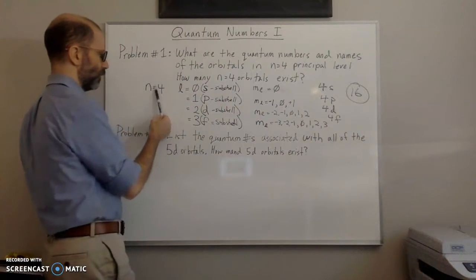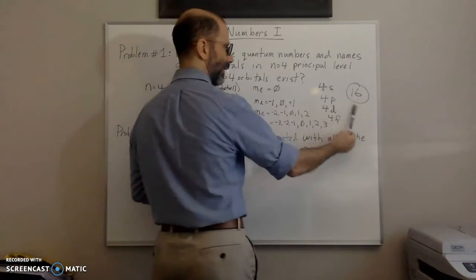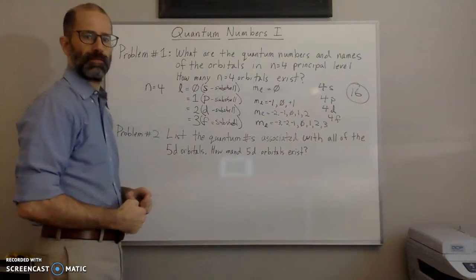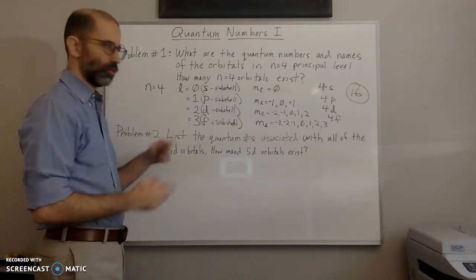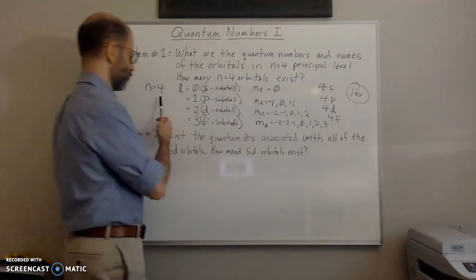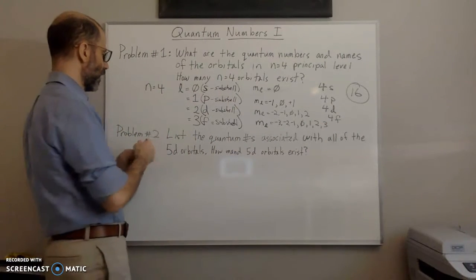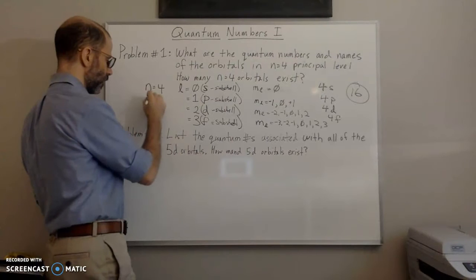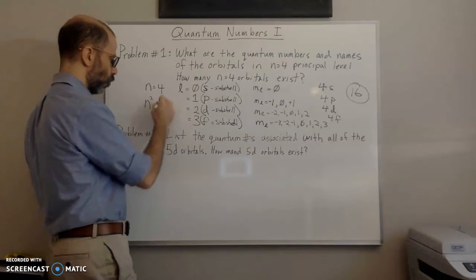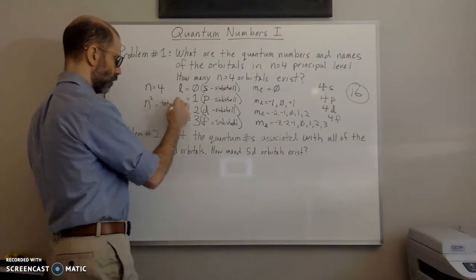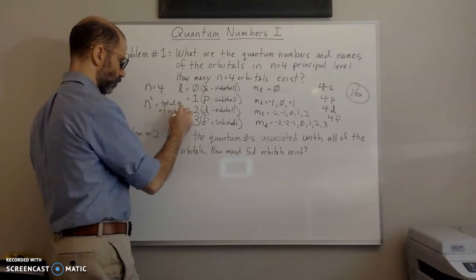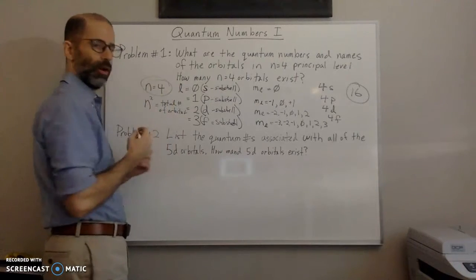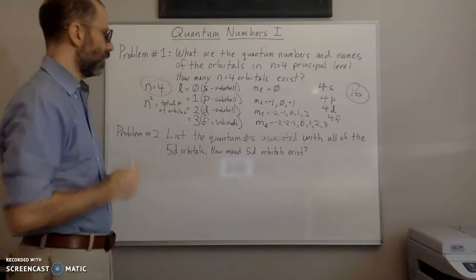But do you notice a relationship between 4 and 16? That's right. So 16 is the square of 4. So n squared will give you the total number of orbitals at your energy level, right?